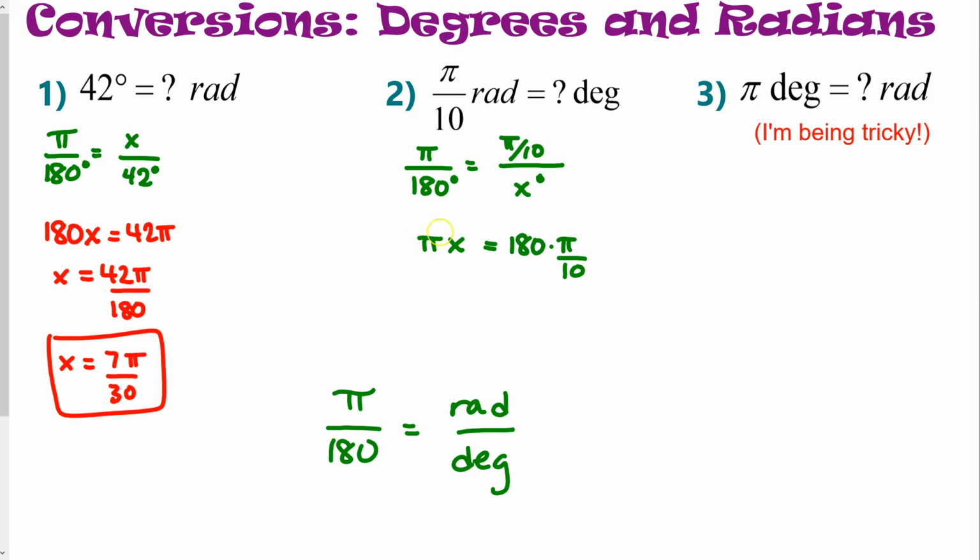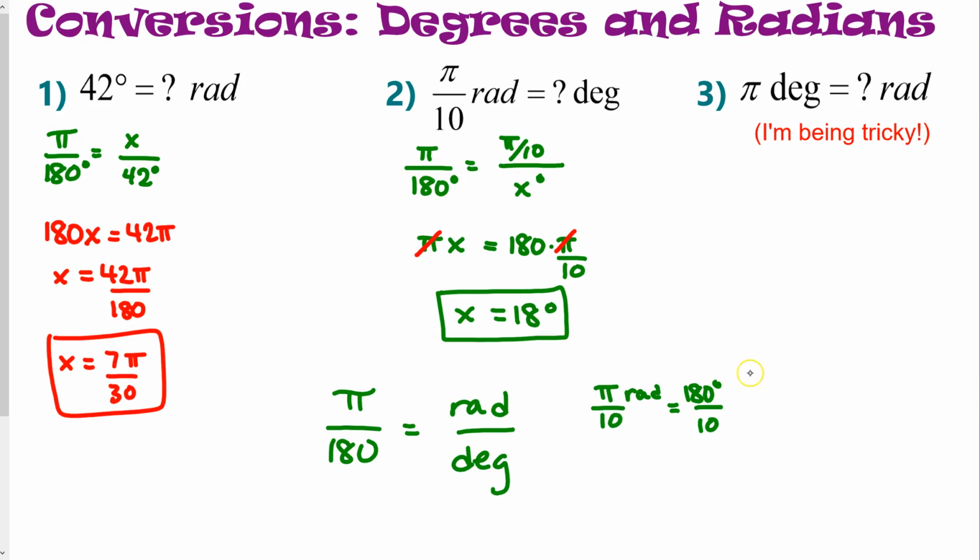So you can divide both sides by pi. And then what you have left is x equals 180 over 10, so x is 18 degrees. Now you could actually do that one without the proportion if you just think of pi over 10, pi radians over 10 as 180 degrees over 10. So all you do is substitute 180 degrees in place of pi.